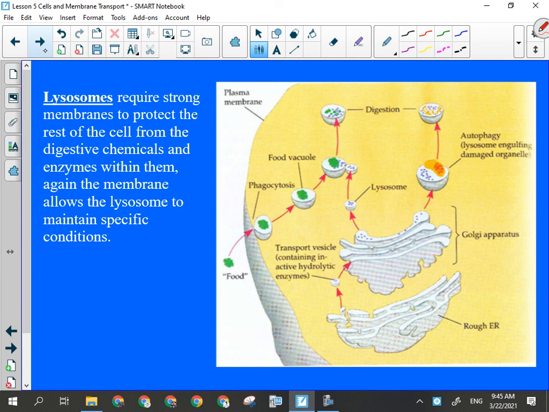It'll use them as food. It'll break them down and produce new ones. The cell is capable of producing new organelles, new mitochondria, and things like that. So that's the process that goes on. The lysosome is where the food is being digested. Digestion can be of external material or autophagy, which means self-eating.